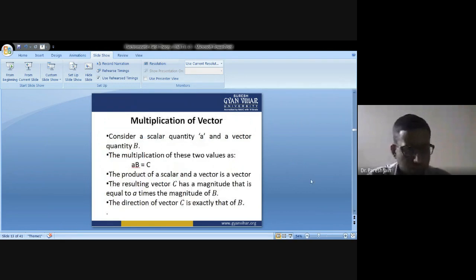In the next section, we have the multiplication of vectors, how a unit vector or vector quantity is multiplied.